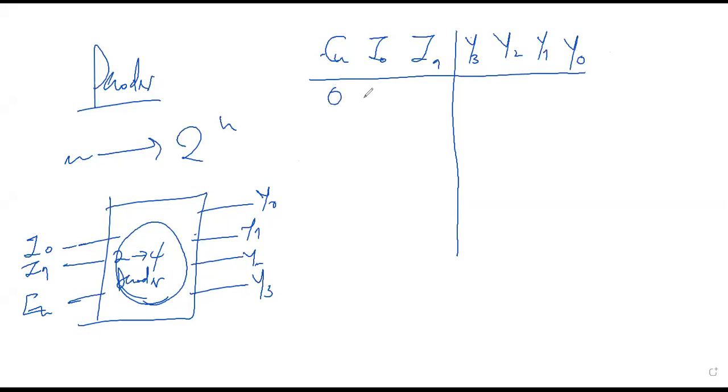When the enable is 0, what that means is you don't have input, so consequently you have 0 in the output.